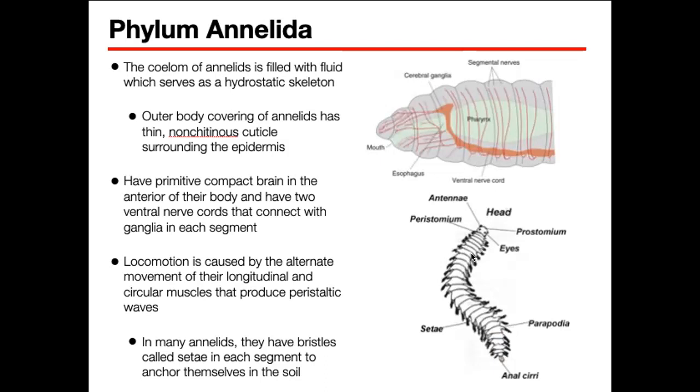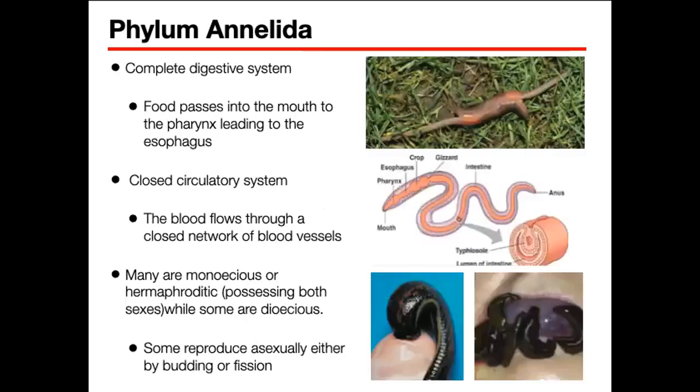Okay? Wherein each segment is used to anchor themselves in the substrate, say for example in the soil. So the hydrostatic nature of the annelid's fluid-based skeleton gives their bodies shape and structure while maintaining the squishy nature of these invertebrate animals. Okay?